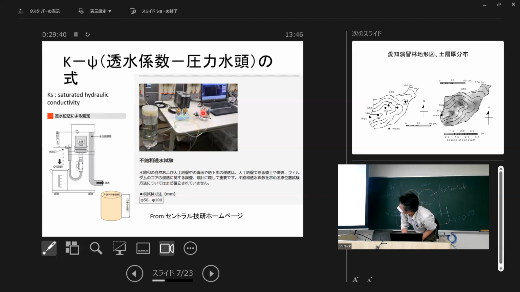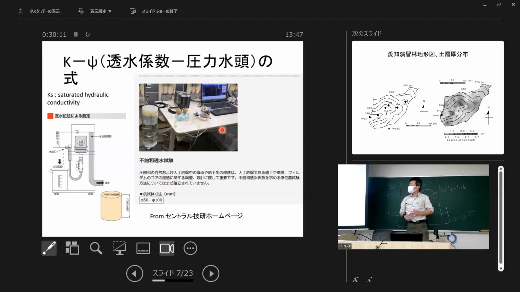You can see this silver one is the soil sample, and you can see the upper porous plate and the lower porous plate, and this machine makes some negative pressure here, and the water can move with this column.